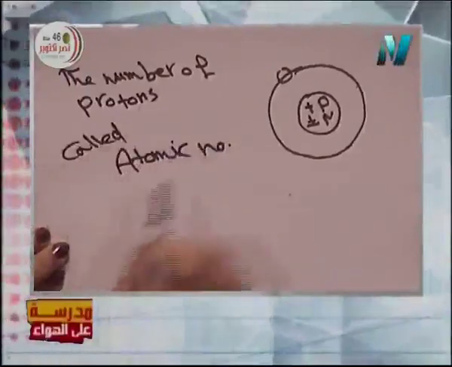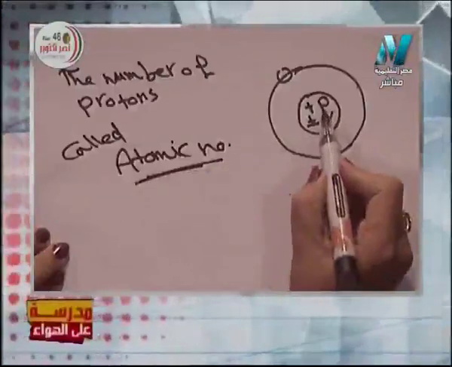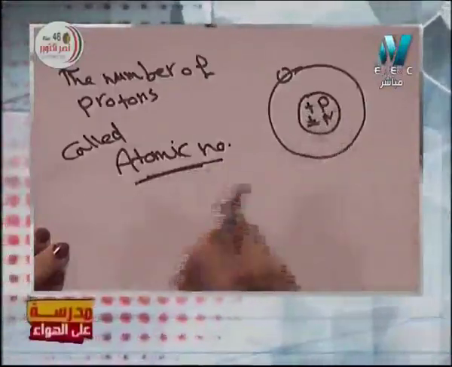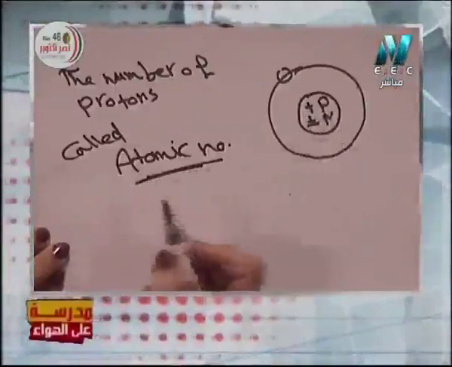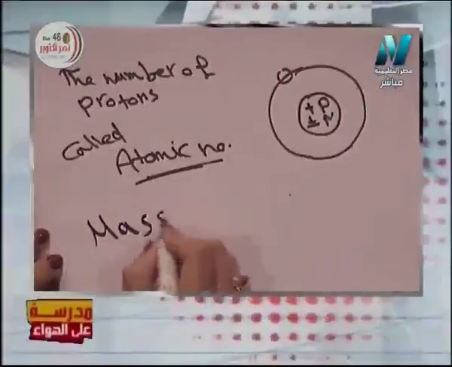Atomic number. Atomic number of any element, it means the number of protons only inside the nucleus of this element.